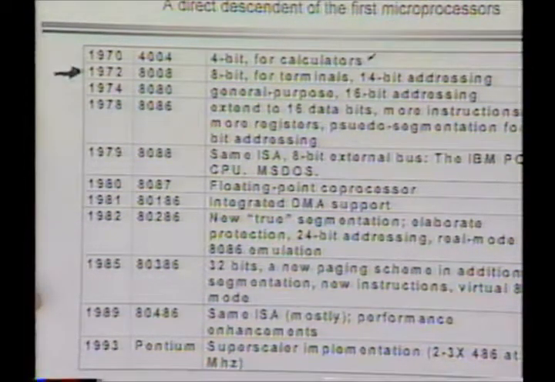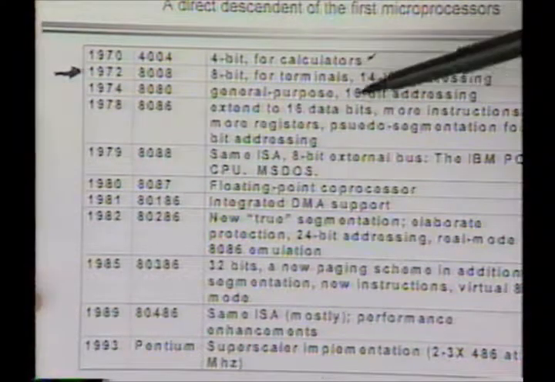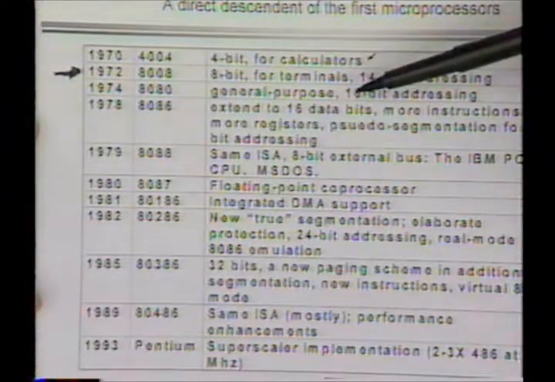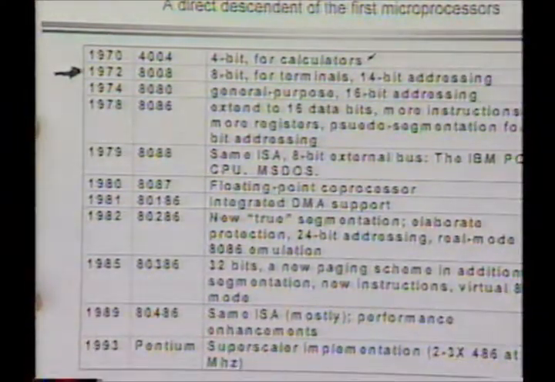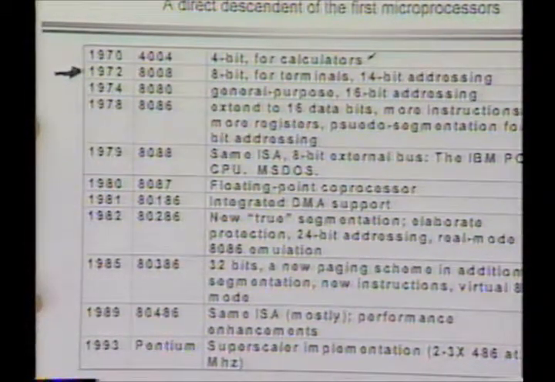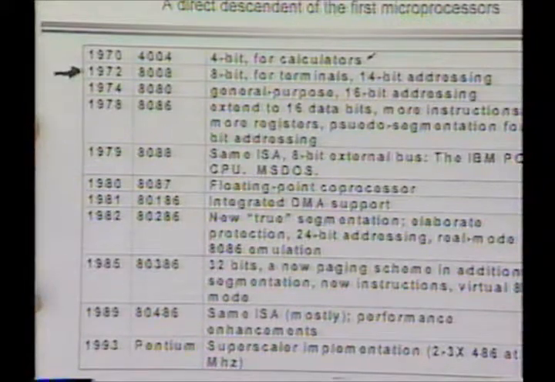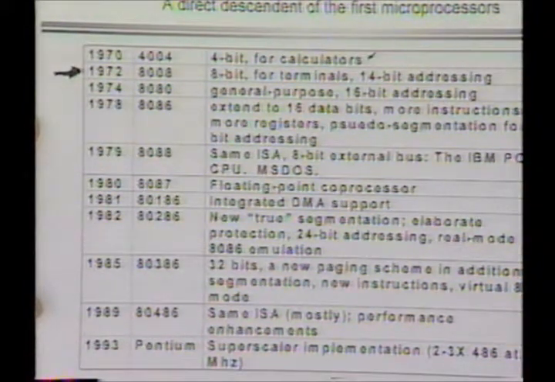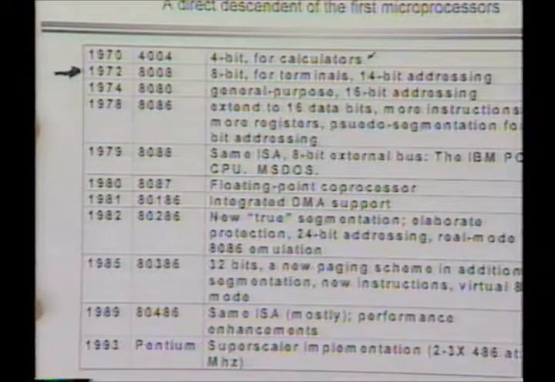Datapoint co-designed the instruction set with Intel for that processor, but never used it in a terminal because Intel was too late in producing chips that Datapoint could actually build something out of. So Intel then decided to sell it as a general-purpose computer, which they did.